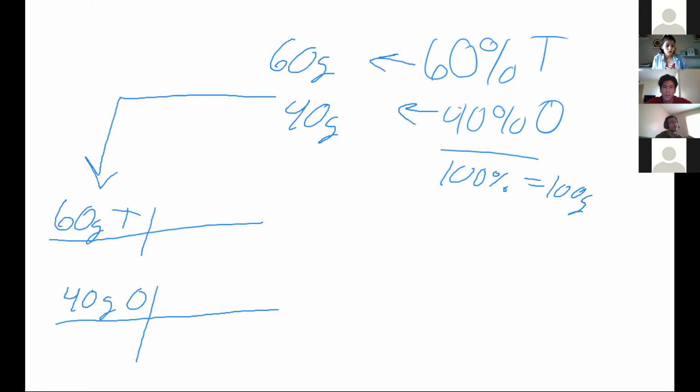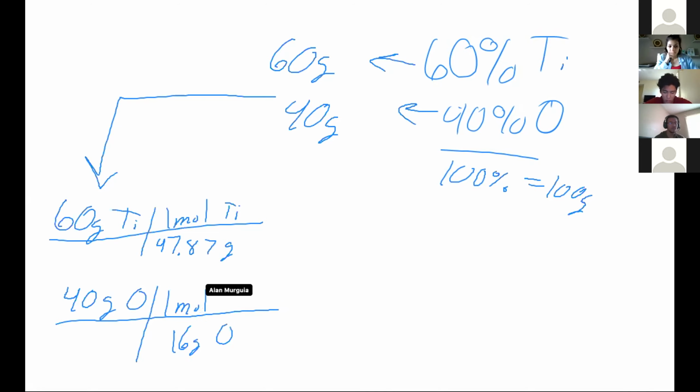Titanium is 47.87 grams for every 1 mole. And who can tell me the one for oxygen? That's 16. So 16 grams of oxygen over 1 mole of oxygen.